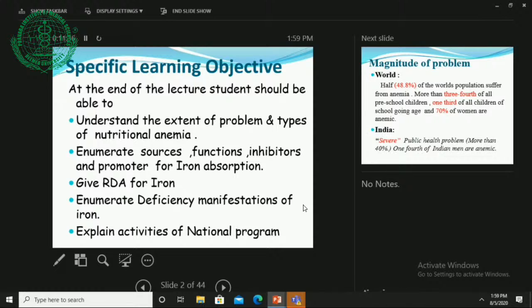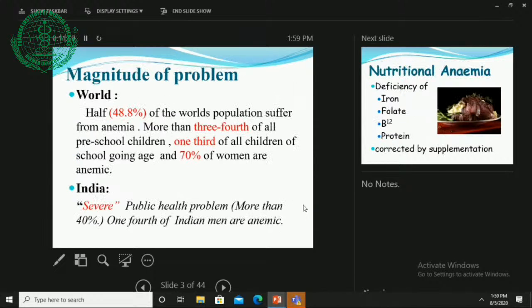You should be able to give the recommended daily allowance for iron. Then you should be able to enumerate deficiency manifestations of iron. And the last learning objective is that you should be able to explain the activities of the National Program for Control of Anemia in India.